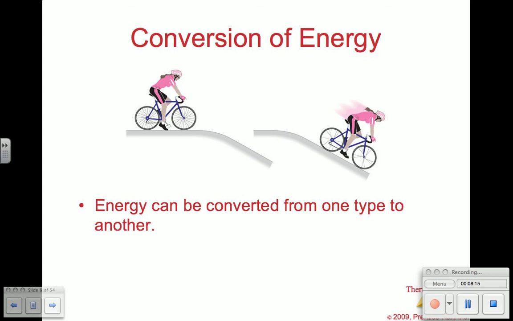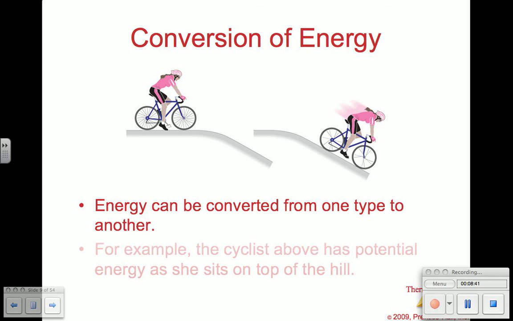In chemistry, we have chemical potential energy in the form of chemical bonds, and when a reaction occurs, chemical bonds are broken, new bonds are formed, and usually in that process we will get other forms of energy. We'll get heat energy given off, or we might even get light energy that's given off. So some different forms of energy come out of conversions of energy.